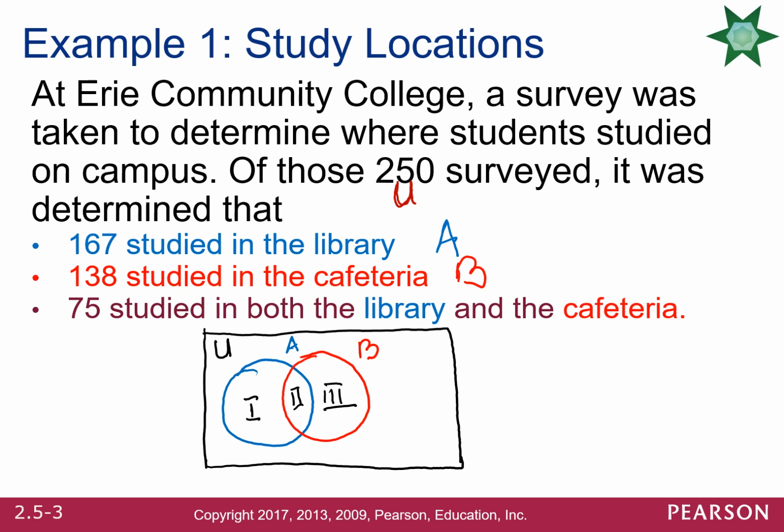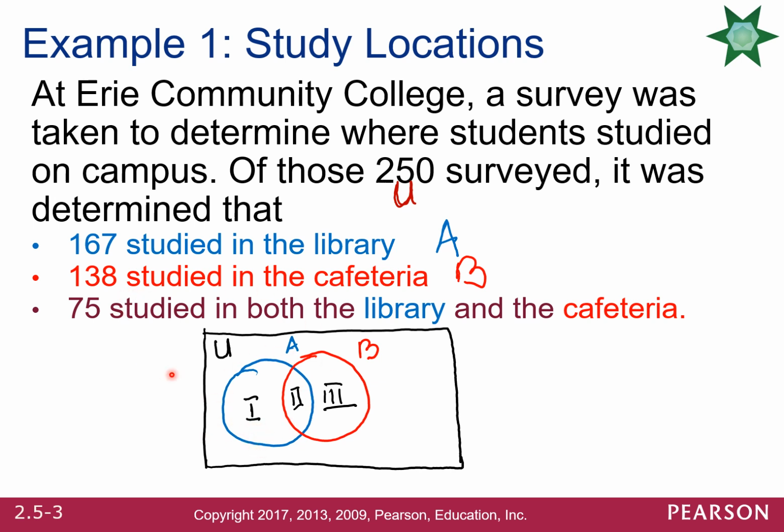So let's try to place here all the values we got. 167 studied in the library, so this entire blue area will consist of 167 students.